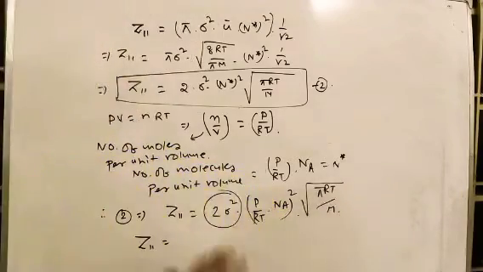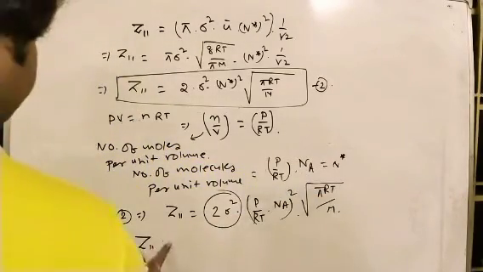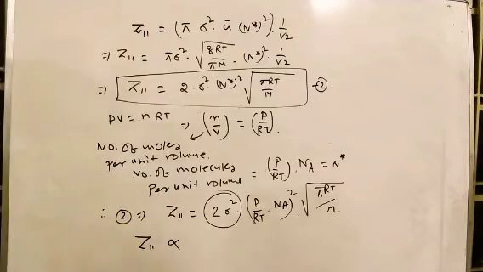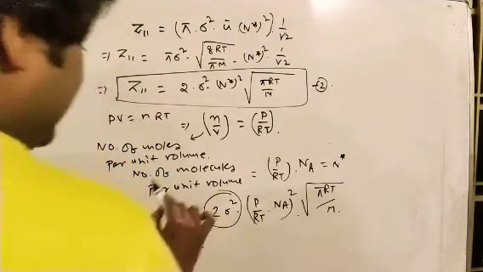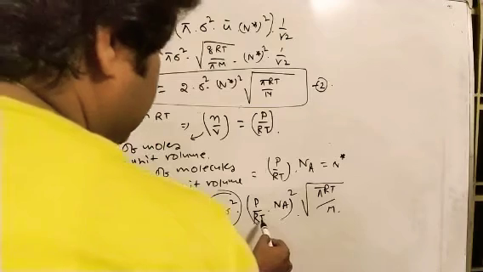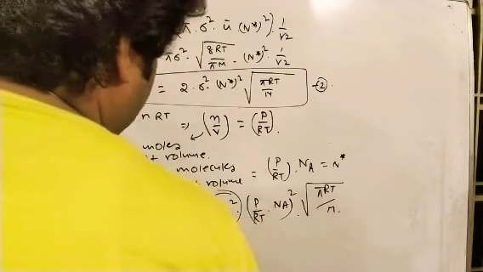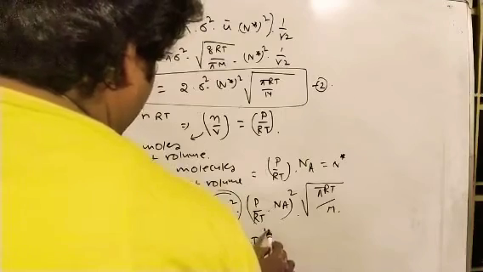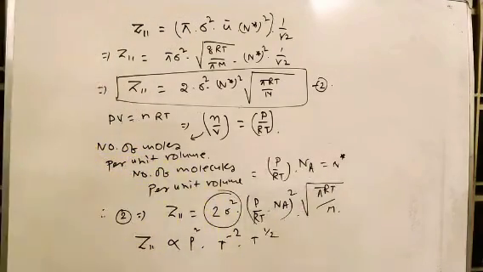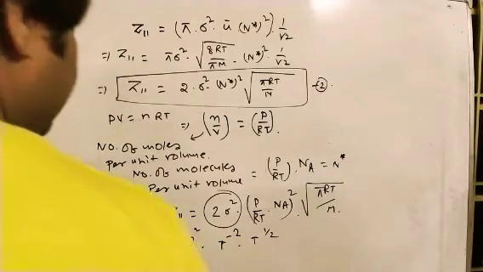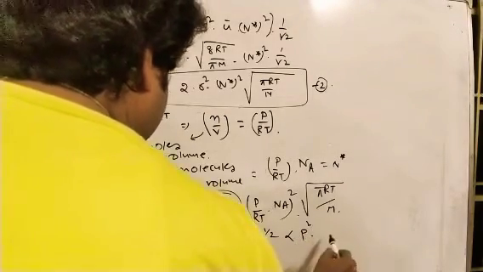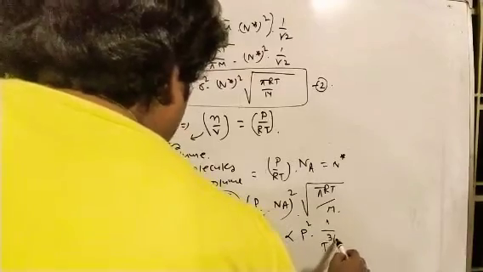T is a variable term. All the others are constant. So I can say Z11 is proportional to P square into T to the power minus 2 into T to the power half. From there it is T to the power half, and from here it is T to the power minus 2. So it is proportional to P square into 1 by T to the power 3 by 2.